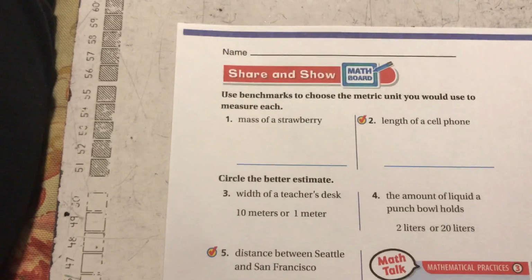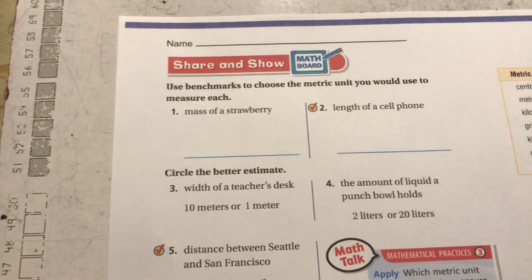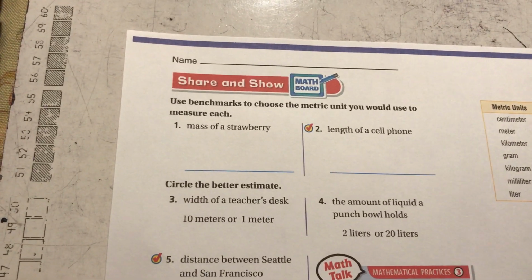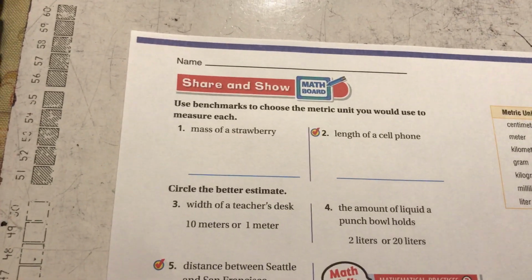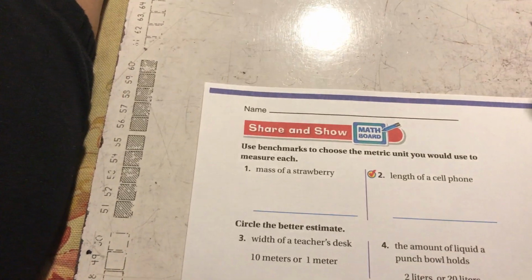All right, so let's go on to the next page, which is page 643. And up at the top is the share and show. It says use benchmarks to show the metric unit you would use to measure each. Mass of a strawberry. So it's saying mass, so that means it wants us to figure it out with the metric system.